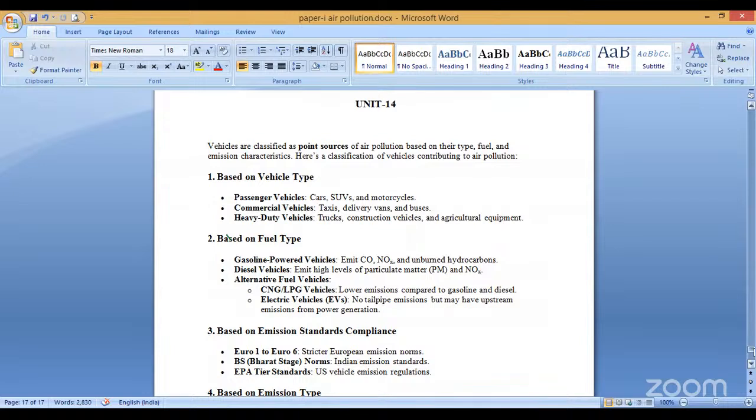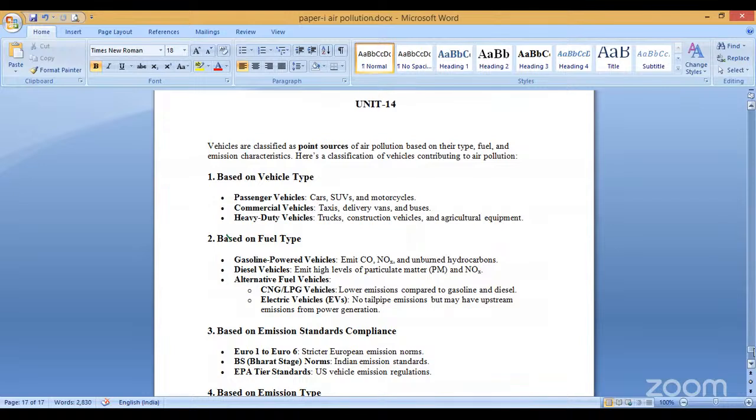Then the commercial vehicles, that are taxis, delivery vans, and buses. Next is heavy duty vehicles: trucks, construction vehicles, and agricultural equipment. These are based on vehicular type. The second one is based on fuel types.